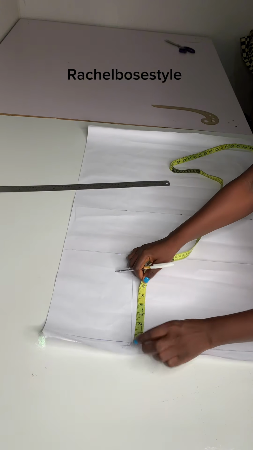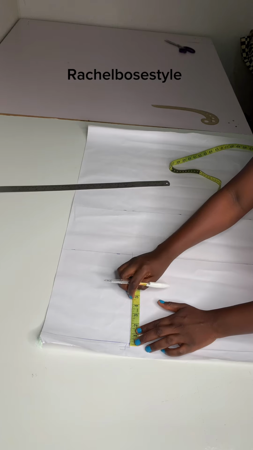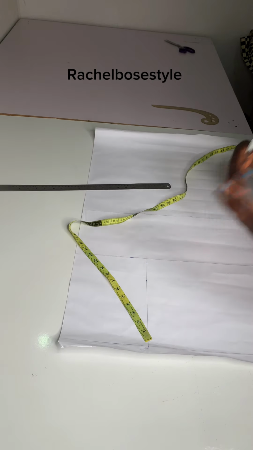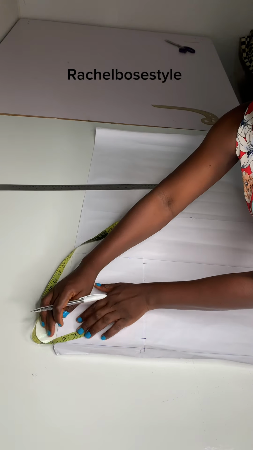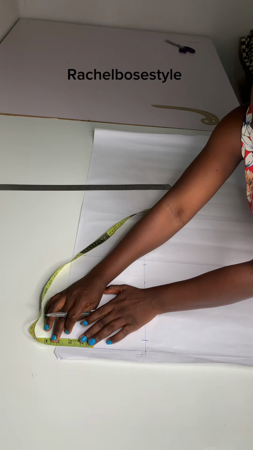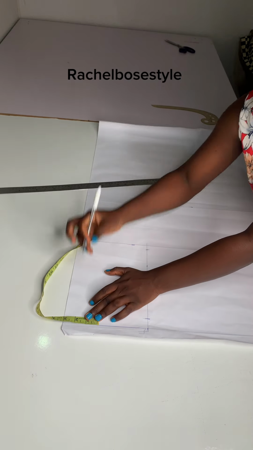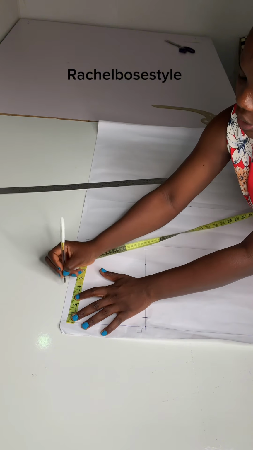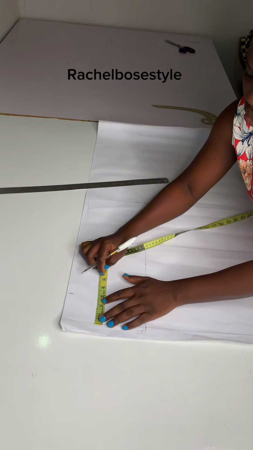And for my shoulder slope, I'll drop this armhole line by 1 inch. And remember, the style we're working with is kind of a turtleneck. I will be using 3 by 3 for my front neck. Here 3 inches the width, and the depth also 3 inches.